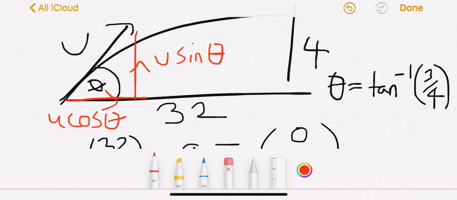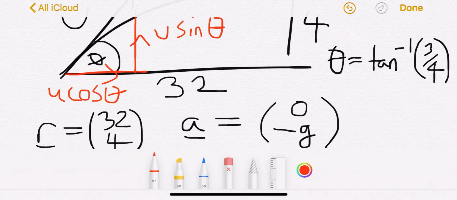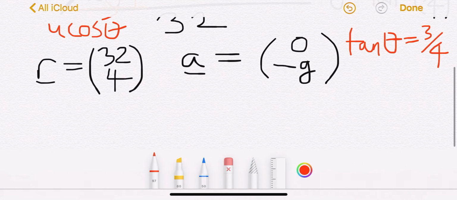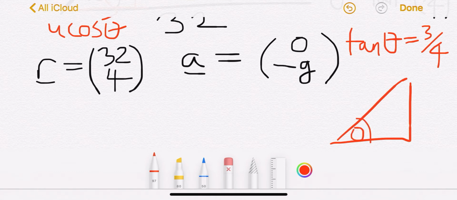If we take tan of both sides, we know that tan theta is 3/4. We can use our knowledge of right-angled triangles to find cos theta and sine theta. If we draw a triangle, tan theta is the opposite over the adjacent, so we draw an angle theta with an opposite of 3 and an adjacent of 4.